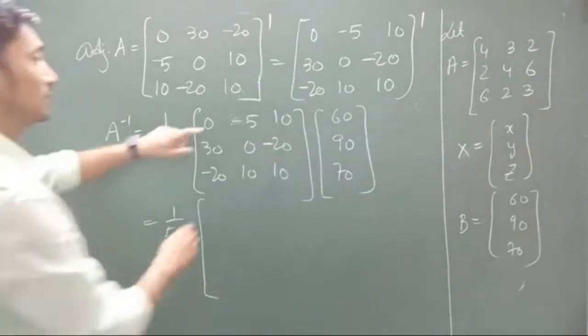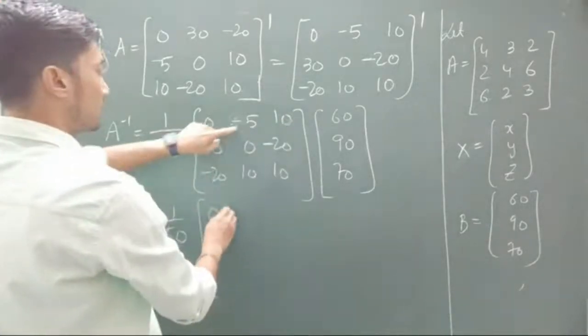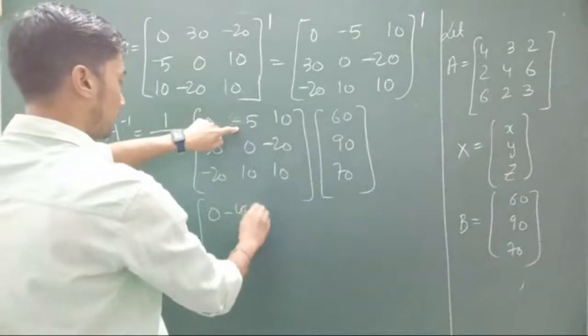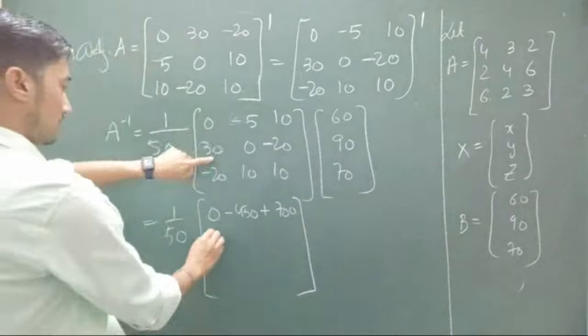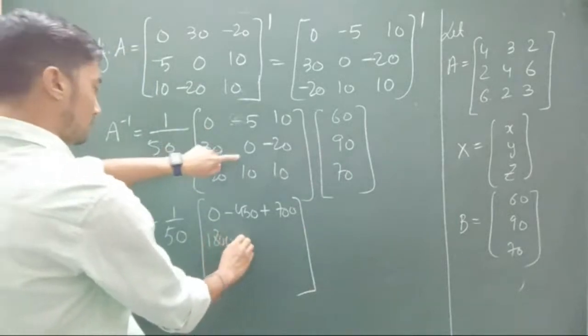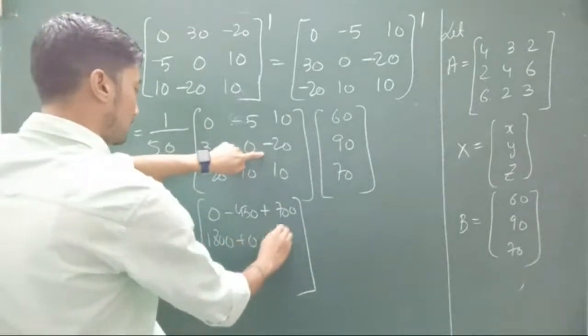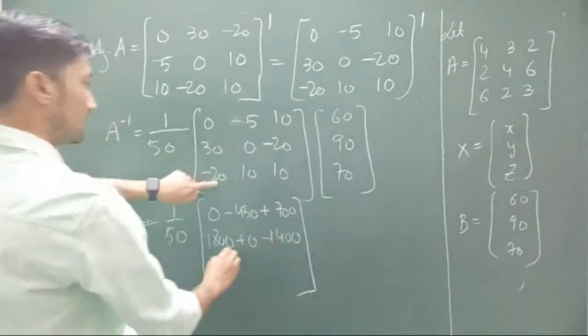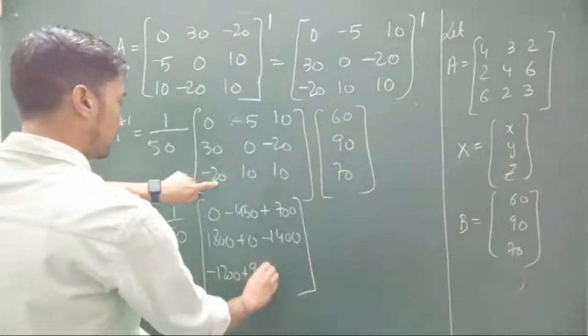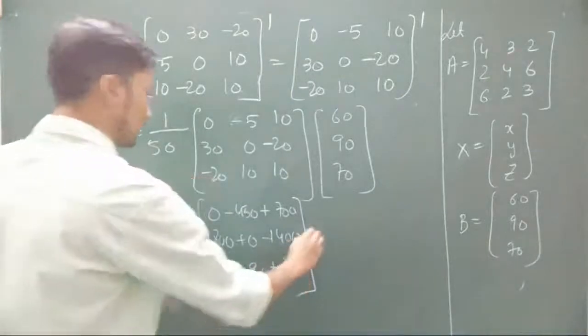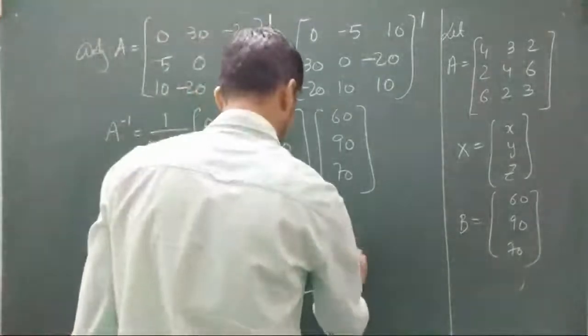So let's calculate 0 into 0 minus 450 plus 700. 1800 plus 0 minus 1400 minus 1200 plus 900 plus 700. So that's 1 by 50.